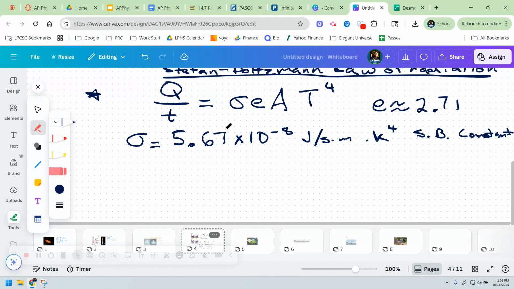A, of course, is area of the object. So this is the surface area of the object. So that's an area, surface area.